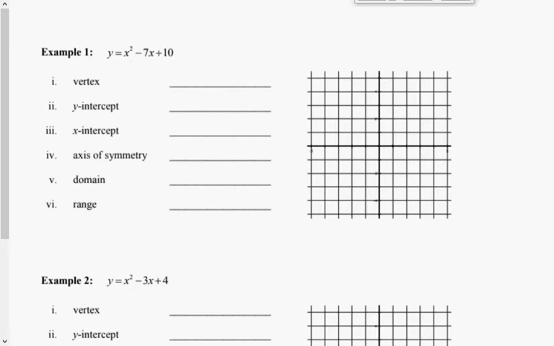So the vertex, that's the first thing I would ask for. Once you know that, everything else kind of falls into place. So to find the vertex, we know that p equals negative b over 2a. My b value here equals negative 7.